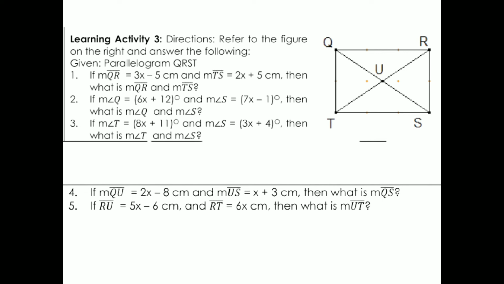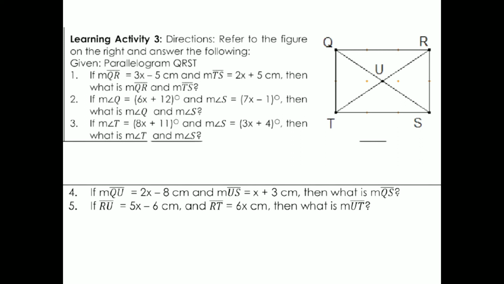And then para makuha natin yung length ng QS, substitute lang natin yung value na nakuha natin, which is 11. So 2 times 11 is 22 plus 8, which is equal to 30. And then, tama ba? Check natin. 2 times 11 is 22 minus 8 is 14.